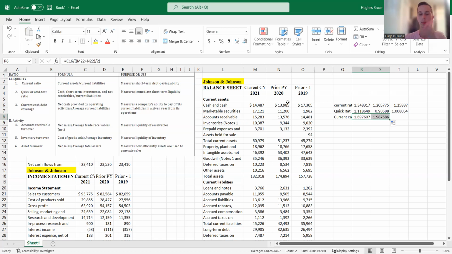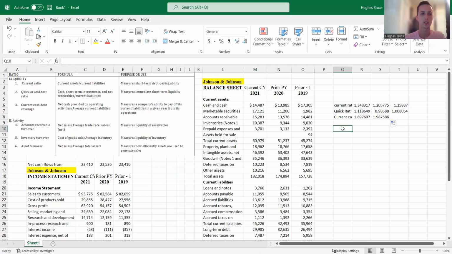And so same with the previous year, but that end number will become the beginning number for the next year. So the ending number for 2020 would be the beginning number for 2021. And so that's why we use 2020 and 2021's numbers.